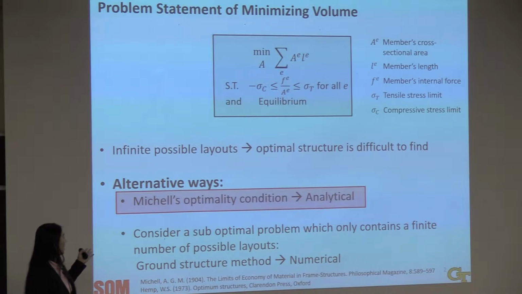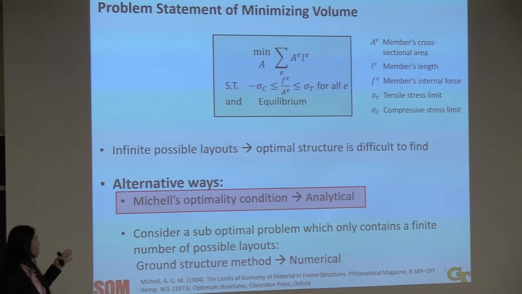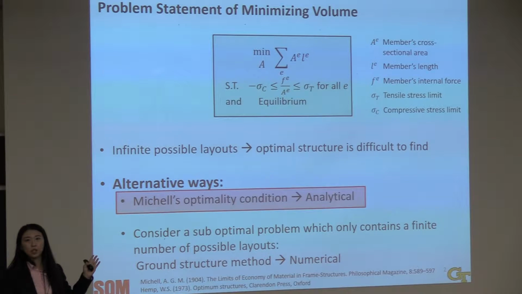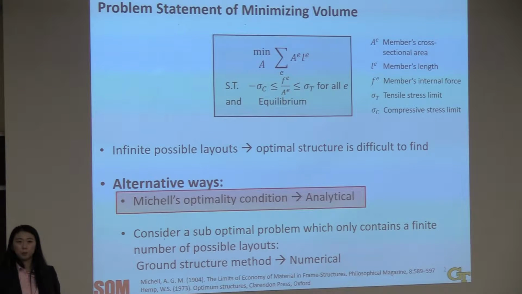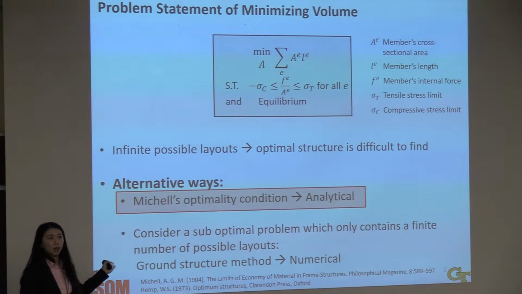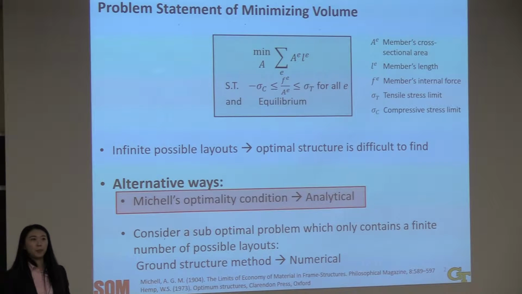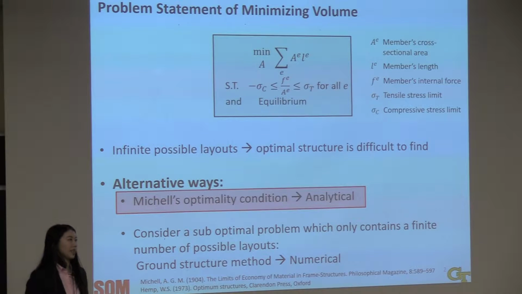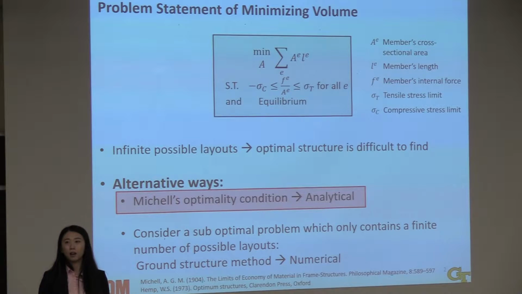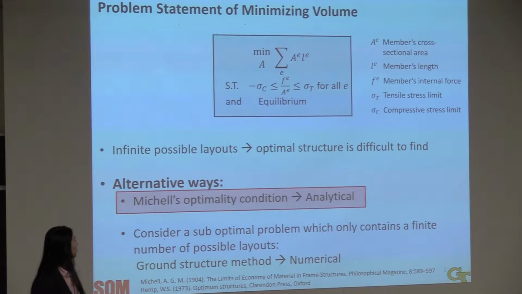Another way is to consider a sub-problem and solve it using a numerical approach. One very typical method is the ground structure method. Today I'm going to focus on Michell's condition, which is the analytical way to find an optimal structure that has the least amount of material.